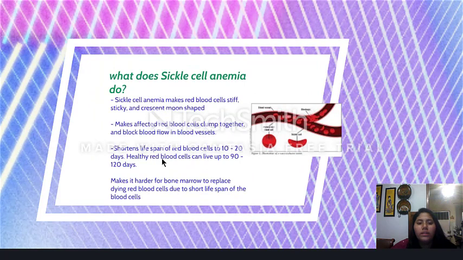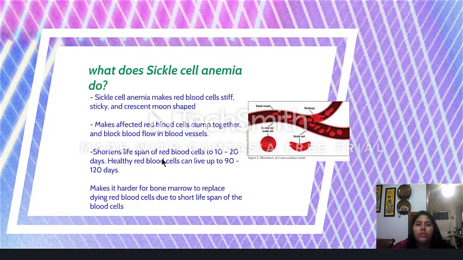And what does sickle cell anemia do? Sickle cell anemia makes red blood cells sticky and crescent moon shaped. It makes affected red blood cells clump together and blockade blood flow in blood vessels, and shortens the lifespan of red blood cells to 10 to 20 days.